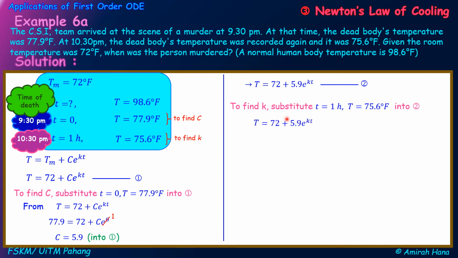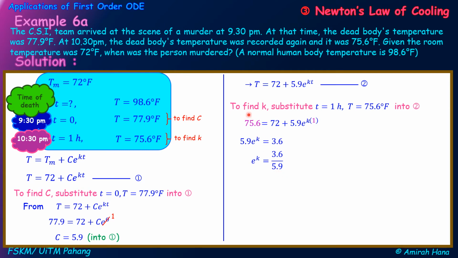From equation 2, we replace T by 1 hour, and we replace temperature by 75.6. Then we get 5.9e^K equals, we move 72 to the left-hand side, so we get 75.6 minus 72, which is 3.6. Then e^K equals, we move 5.9 to the right-hand side, so we get 3.6 over 5.9.